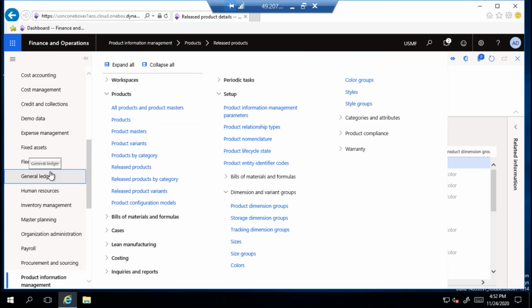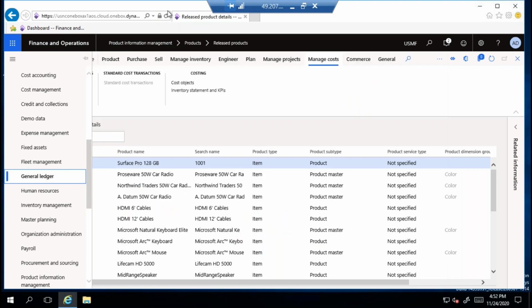General ledger, give me 1 second. The system may be, I need to refresh.